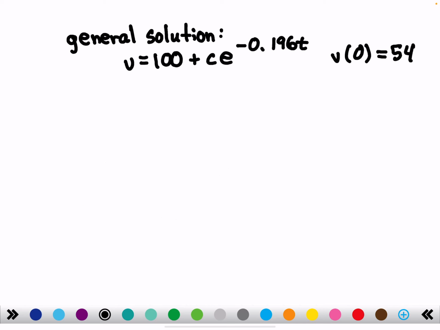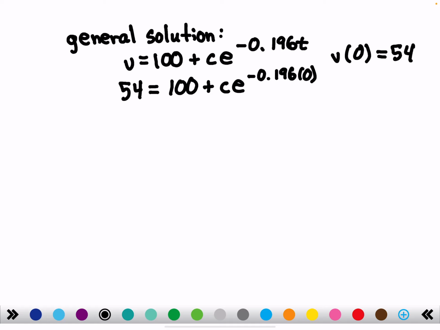Now to find the exact solution, we just need to use our initial value that was given. When t is 0, v is 54. So we'll substitute 54 for v, so 54 equals 100 plus C e to the power negative 0.196 times 0.